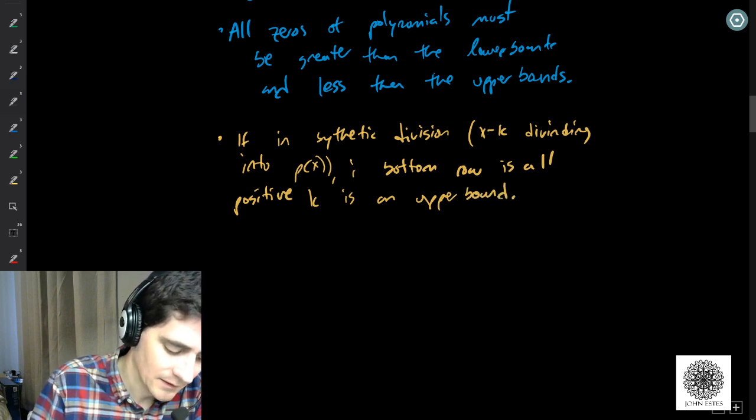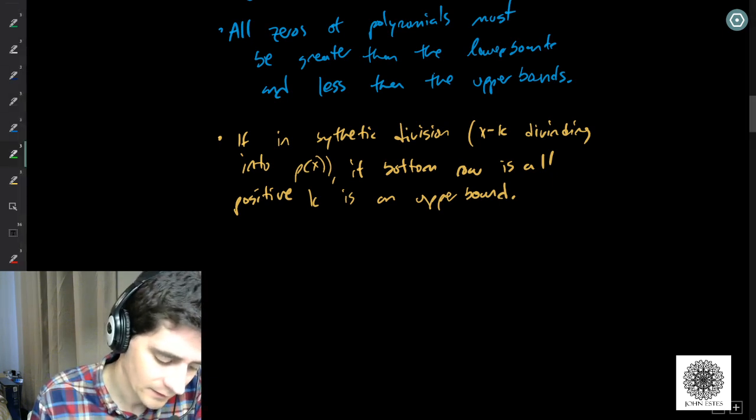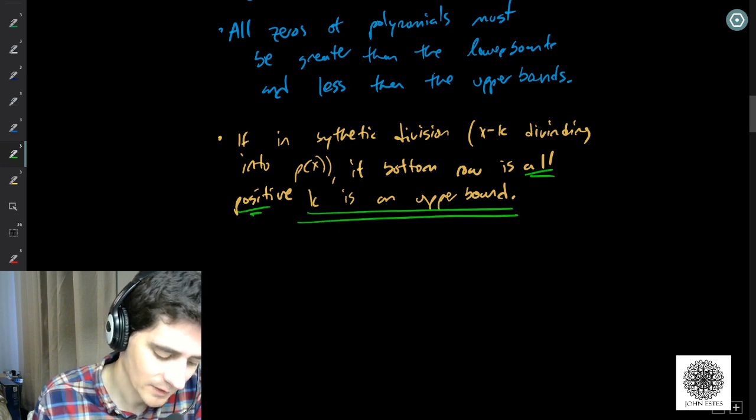So if I do synthetic division and get all positive, that means k is an upper bound.